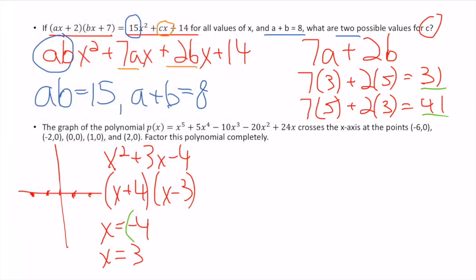And I also know that this happens when y is equal to 0, so I would have a 0 here and here.